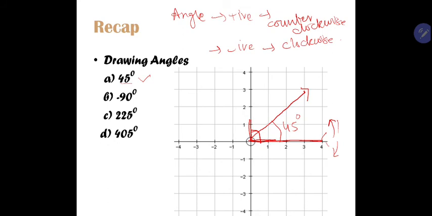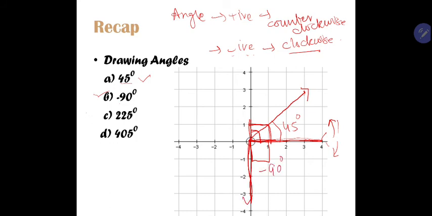From here to here it is 90, so half of 90 is going to be 45 degrees. Look at the second angle, minus 90 degrees. Once again we have to start from here, this red line. The angle is negative. We know for negative angles we go clockwise, so this red line shall go down, and we know that this here is the 90 degrees angle. So this is minus 90 degrees.